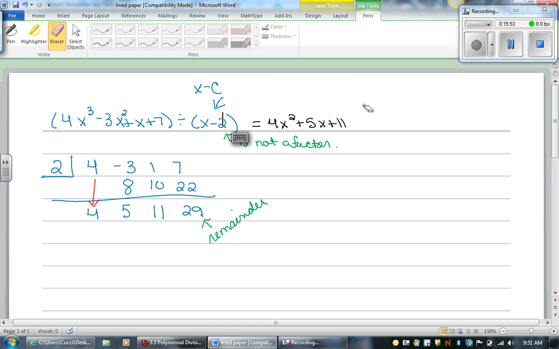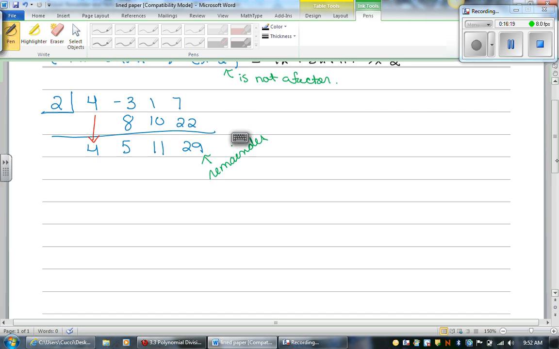When we do our remainders, we do plus 29 over x minus 2. Okay, so the remainder over the divisor. Okay, so that's how we piece this together. So again, it's much faster to use synthetic division. All right, so let's try another one.